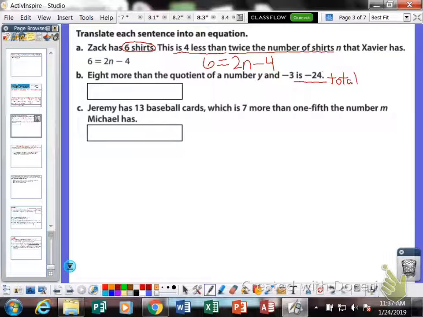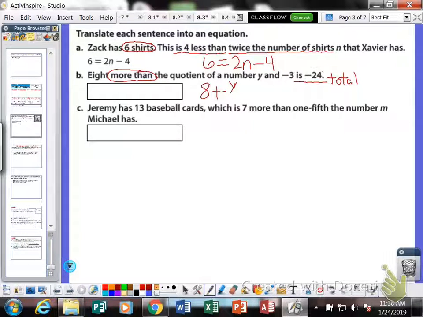This more than here tells us that we are doing the operation of addition. So our equation would be 8 plus, remember, it's more than, so our operation is addition, the quotient of a number y and -3.